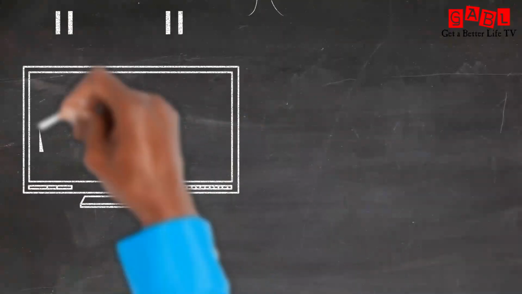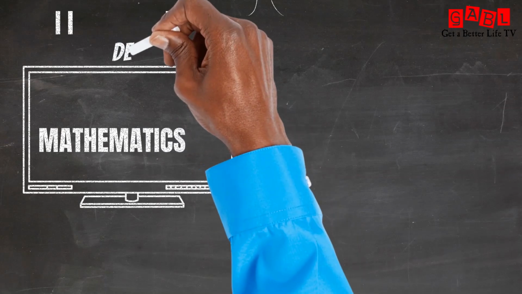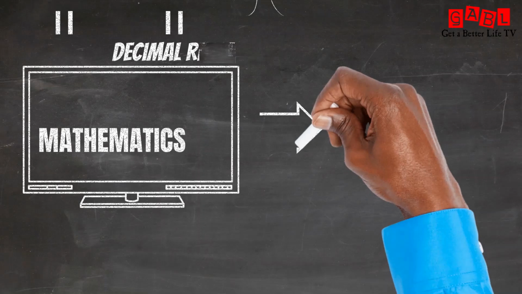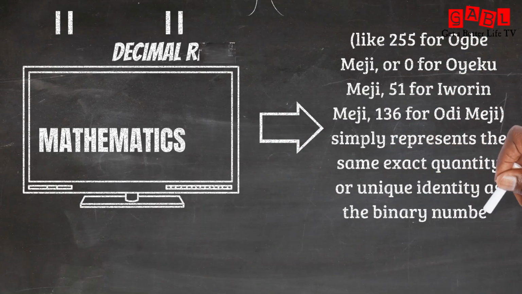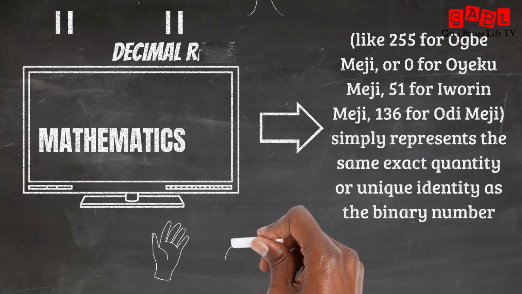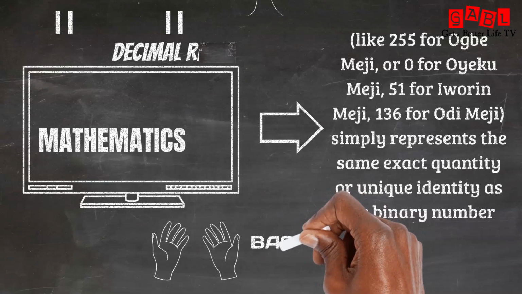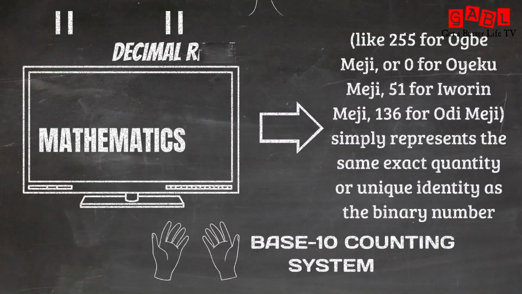In mathematics, the decimal result, like 256 for Eji Ogbe, or 0 for Oyeku Meji, 51 for Iwori Meji, 136 for Odi Meji, simply represent the same exact quantity or unique identity as a binary number, but expressed in our everyday base 10 counting system.